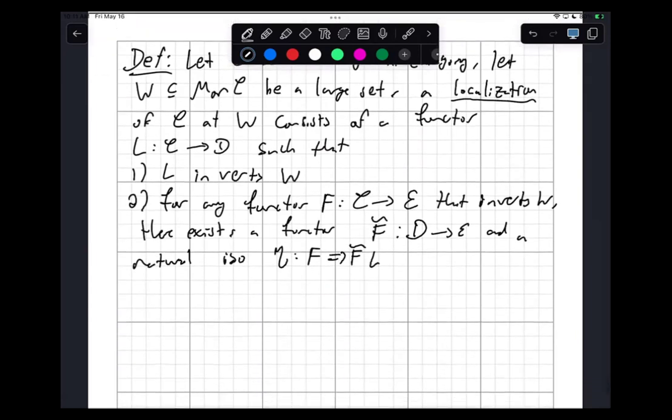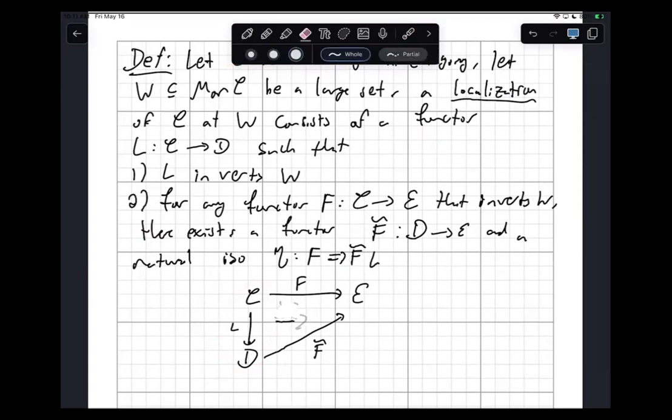So, does that make sense? For now, it looks like we left the sites on the back burner and are just talking about localization for a bit. Exactly. So now I say that this functor here is a localization if it inverts W, and for any time I have another functor F that also inverts W, then there has to exist a functor F tilde and a natural isomorphism like this, right?